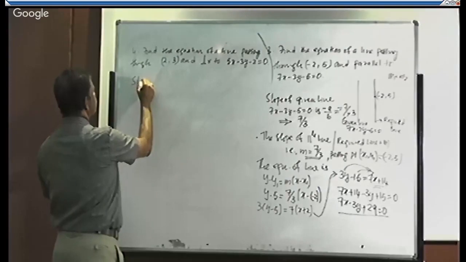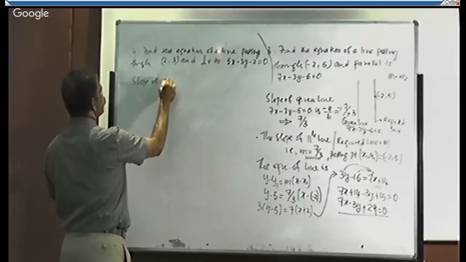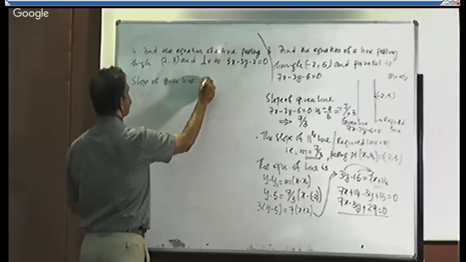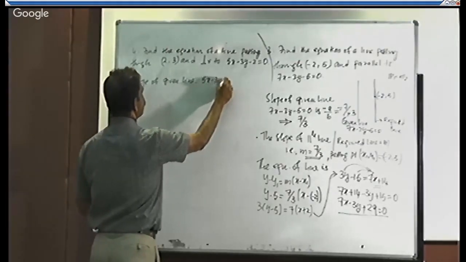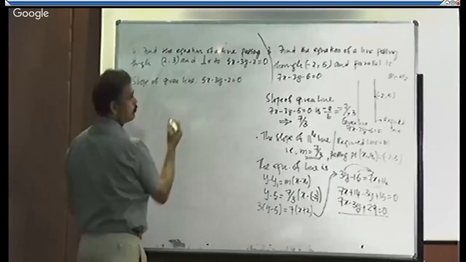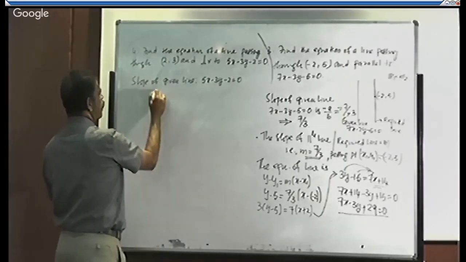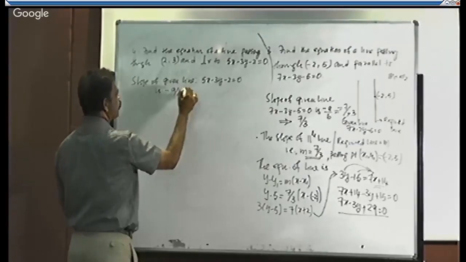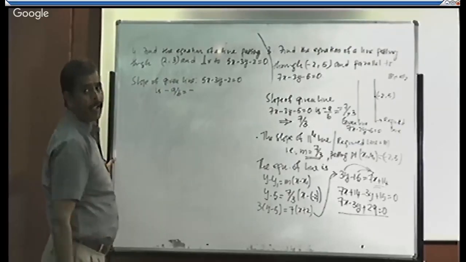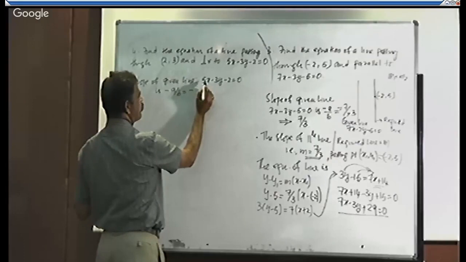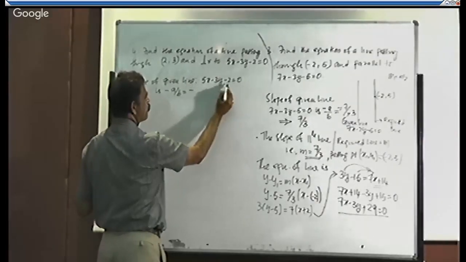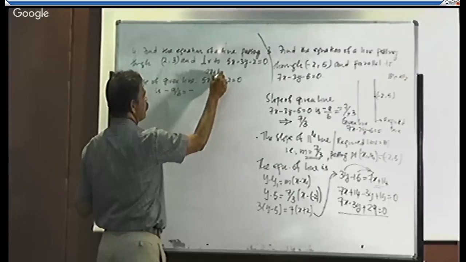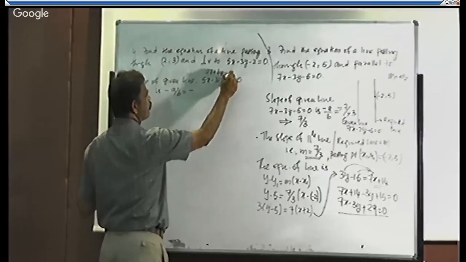Get the slope of the given line. What is the given line? 5x minus 3y minus 2 is equal to 0. The slope is minus a by b. In the last class we discussed that any equation of this form should be compared to the general equation of a line, ax plus by plus c is equal to 0.